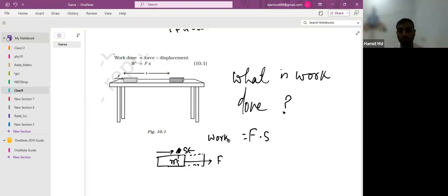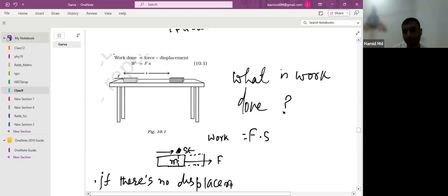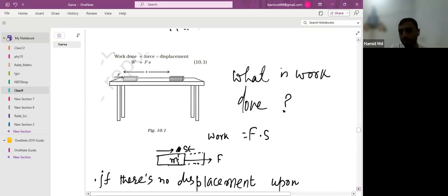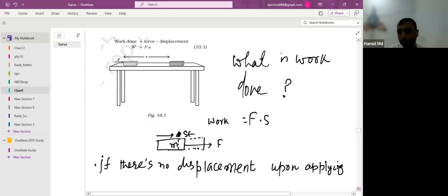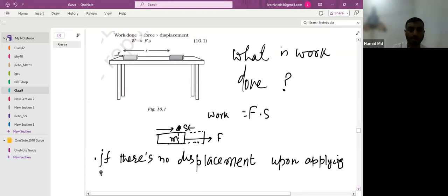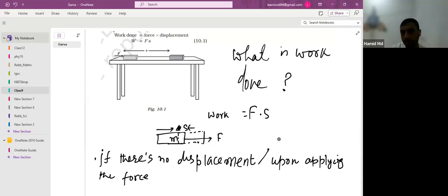For work done, the displacement is necessary. If there is no displacement upon applying the force, that means s is 0.